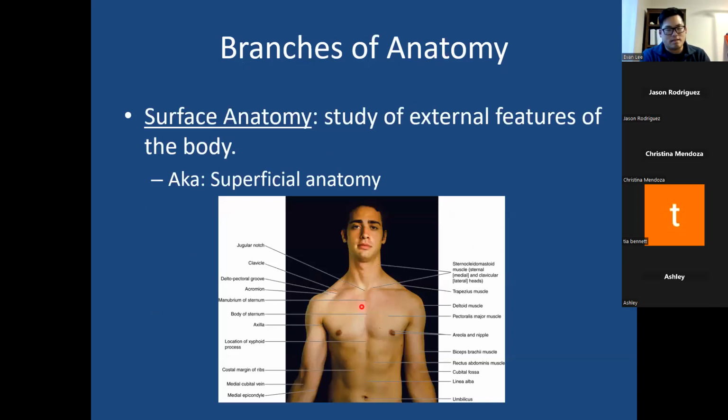Now, once again, a couple more fields of anatomy, like the one that you're most familiar with, surface anatomy. When you say the word surface anatomy, that just means the stuff on the outside, anything that you can basically see from the external view of the body.